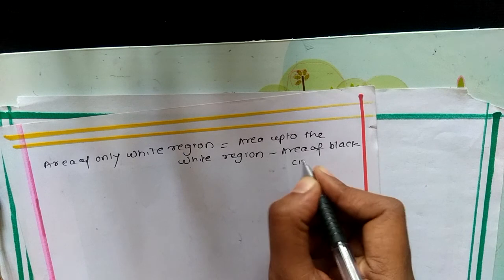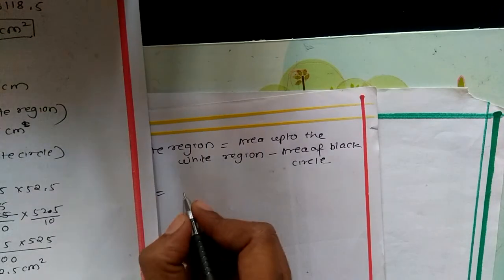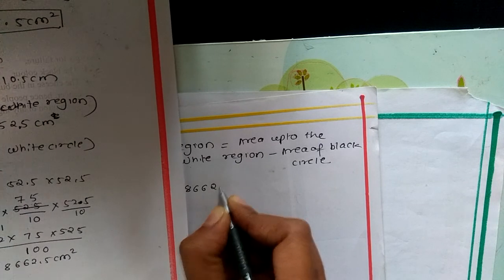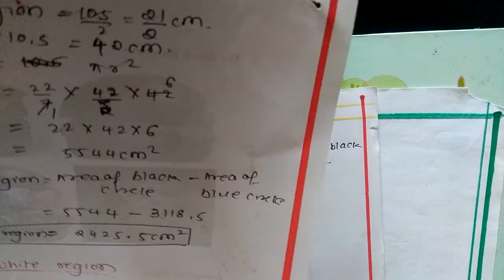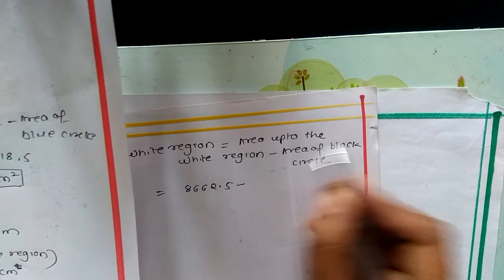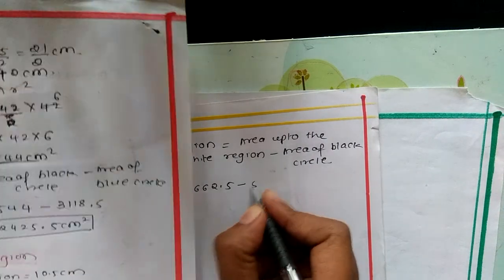Remember, circle means up to the black region. So area up to the white circle we have got here, 8662.5, minus area of the black circle. So the area of the black circle you have to take, which we have here as 5544.